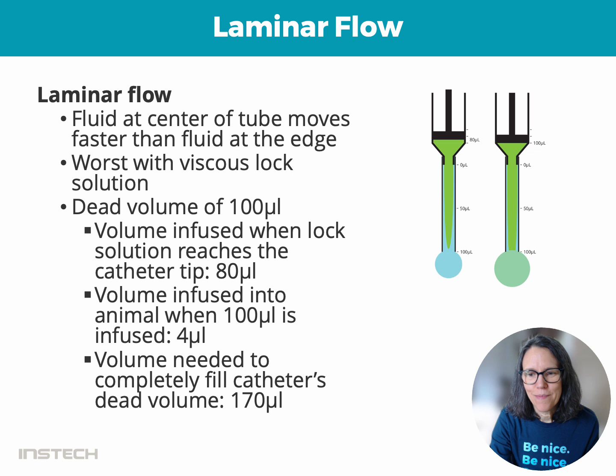So you have a little bit of your lock solution that made it into the bloodstream. But what's very interesting is that the volume that's needed to completely fill the catheter's dead volume is 170 microliters. So that means, of course, you're putting 70 microliters of your lock solution into the bloodstream. That is always something to consider when choosing your lock solution.